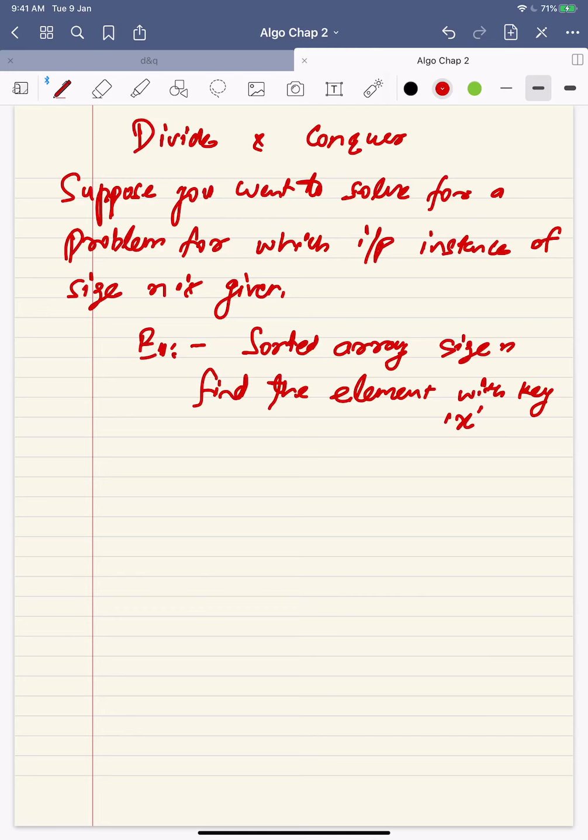Say we are all integers, something like find an element with key 20. So it's an element whose value is 20, and you have to find it in the sorted array. So you are given an input instance of size n.